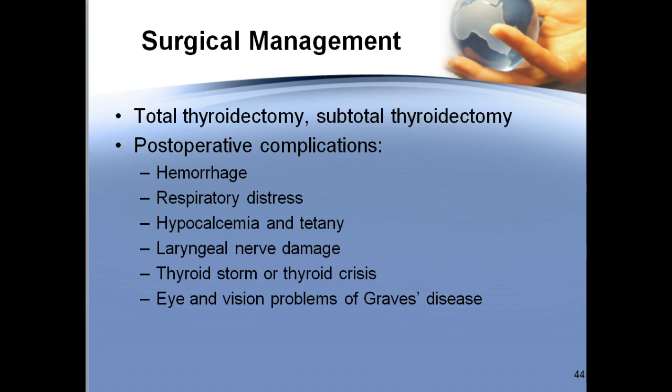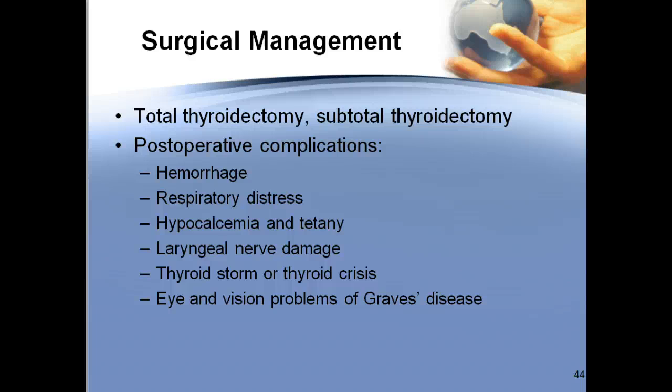Also, you want to look at the onset of thyroid storm or a thyroid crisis. And just to talk briefly about that, a thyroid storm or thyroid crisis is a life threatening event, and that occurs in patients with uncontrolled hyperthyroidism, and it occurs most often with Graves' disease.